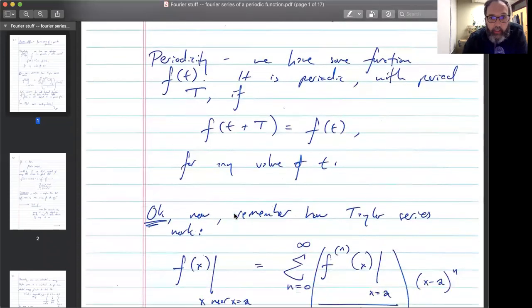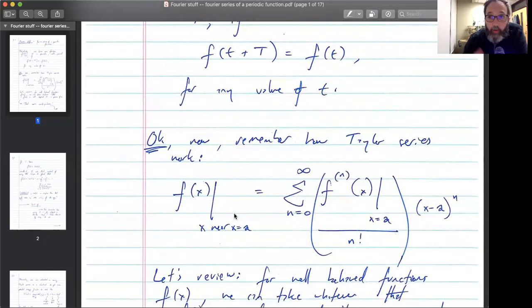Okay, now go back to what we were talking about recently. Think about how Taylor series work. Near some particular point in our domain, the function is equal to, assuming it's not a pathological function, assuming it's well-behaved, the sum of an infinite number of terms where I just calculate this, and this becomes a constant, right?